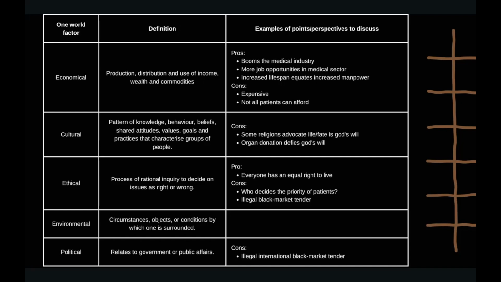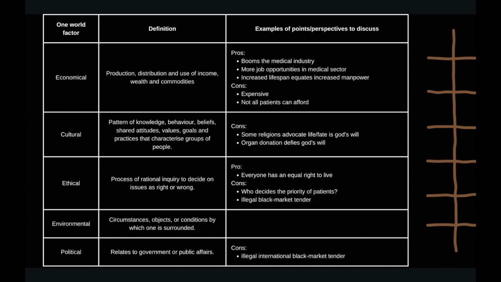And this could increase the opportunities for illegal black markets to sell these organs, which will cause ethical issues, obviously. And there's nothing for environmental, but for political, it could go back to the issue of the illegal international black market because it relates to the government or public affairs.